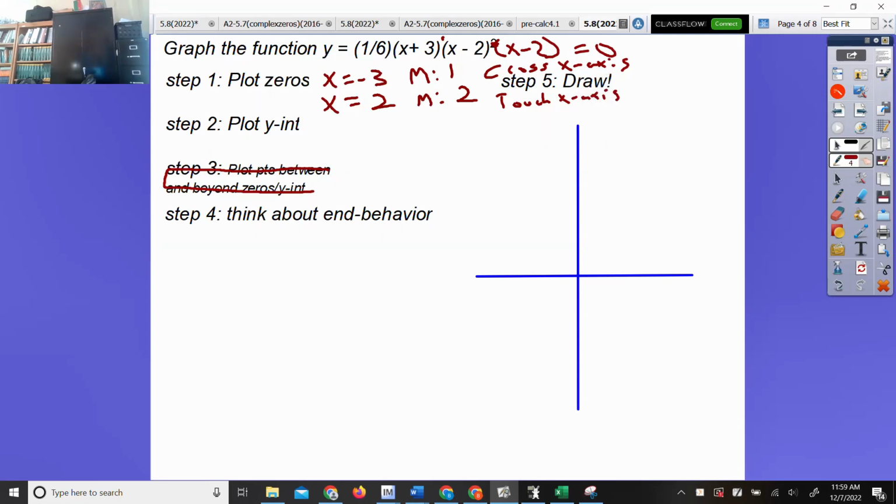What other word that we're using a lot is a synonym of zeros? You gotta know this. Zeros are where you do what? What kind of intercept? There's x's and y's. Is it an x-intercept or a y-intercept?